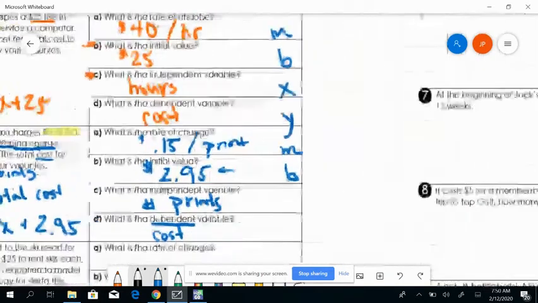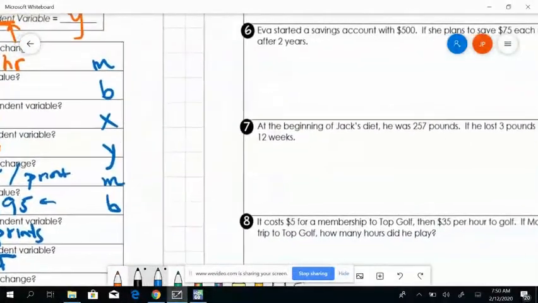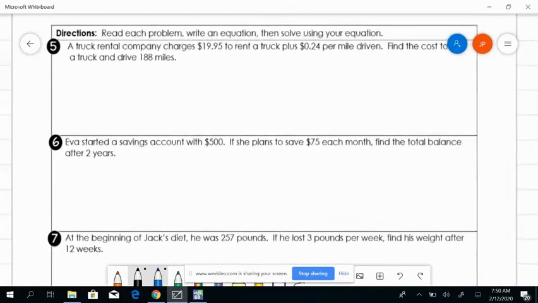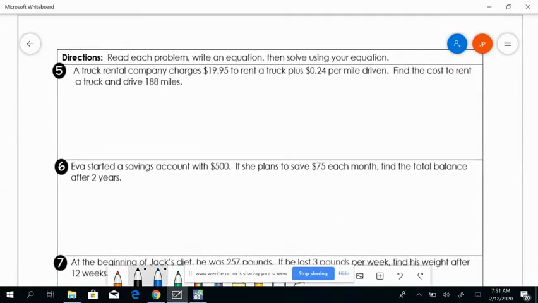Now let's skip down to the next page because I want to show you how you can use these to solve a problem. Let's look at like number 5. So it says a truck rental company charges $19.95 to rent a truck plus 24 cents per mile driven. There's my per. Find the cost to rent a truck and drive 188 miles.